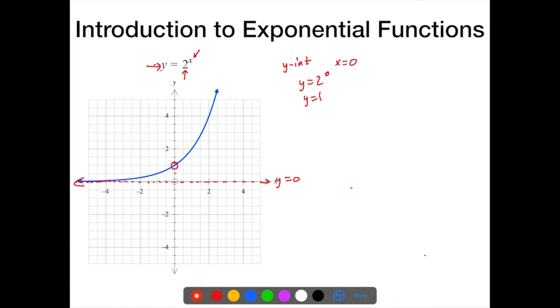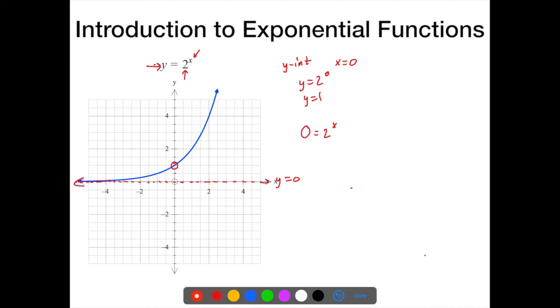Try to think of, for just a minute, a situation where 2 to the x power equals 0. Okay? And you won't be able to come up with something.